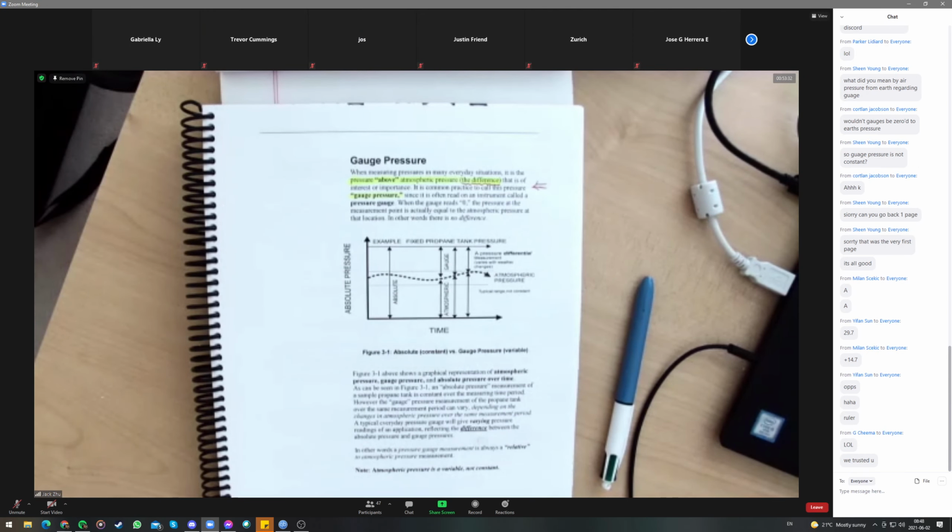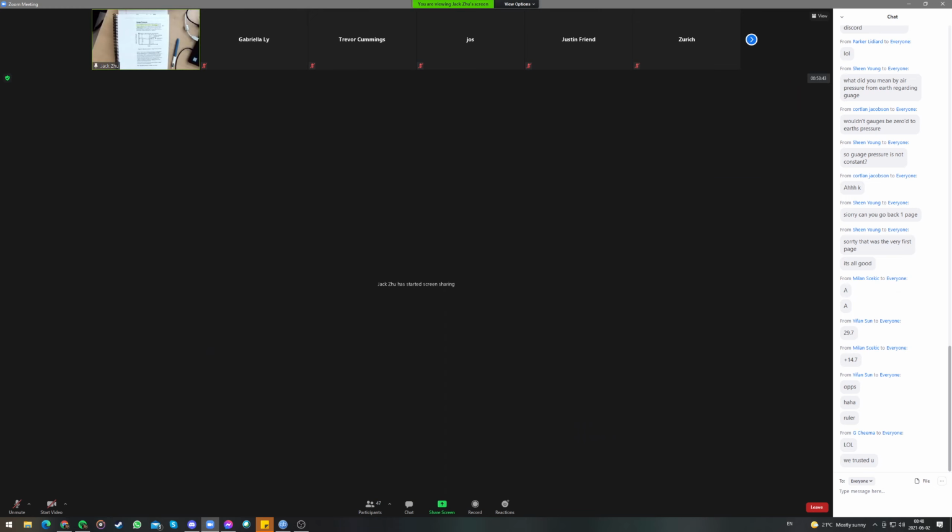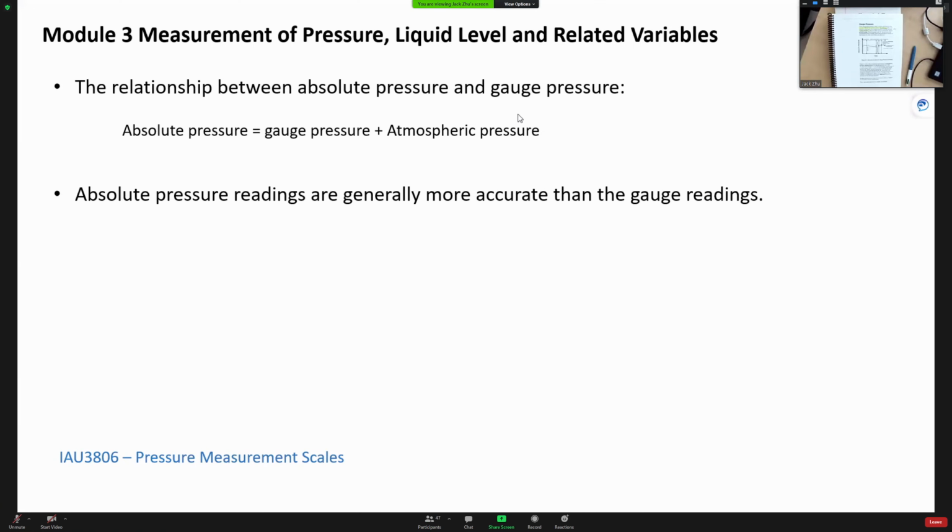Okay, finish this one. So this formula, you might have to do a calculation. It depends.